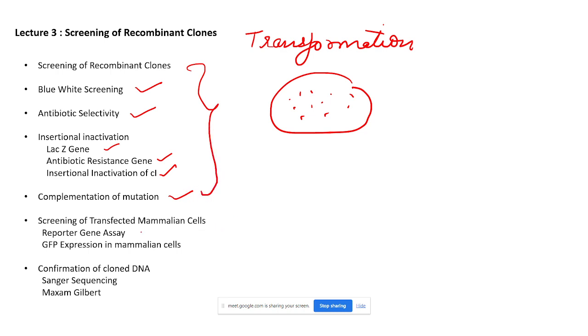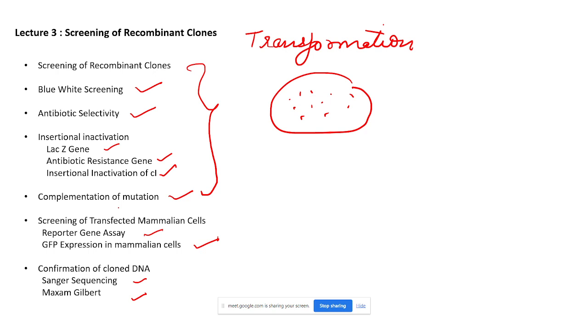For mammalian cells, you can use reporter gene assays, GFP expression, and after your transformants are selected, you have to confirm by sequencing, which is Sanger sequencing or Maxam-Gilbert sequencing. So we will do the questions also, and I will try to revise some of the important concepts here because they are very important.